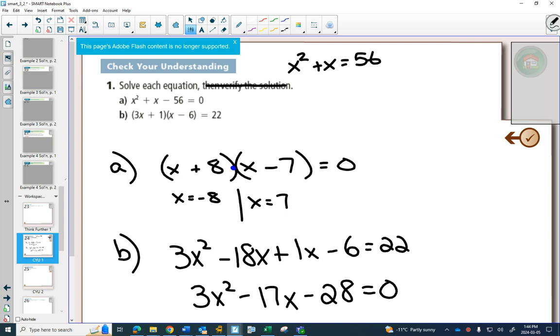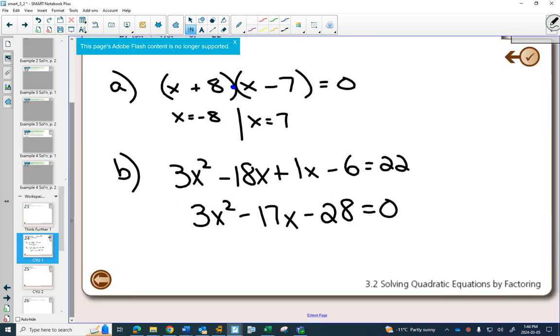Okay. So, we have got some difficult factoring here to do. Well, I know this has to be 3x and x if it can factor. So that part's not so bad. Now we got some mental math.